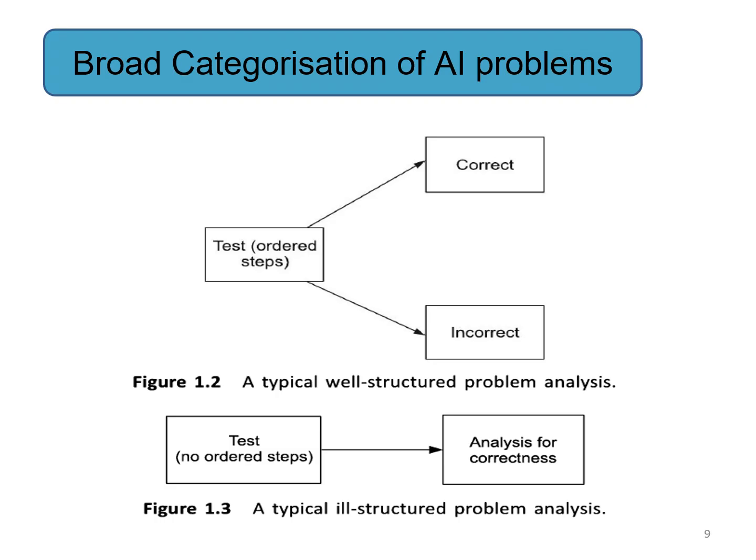An ill-structured problem has no ordered steps, and the analysis is for correctness. There is no fixed sequence of steps, multiple solutions may exist, the solutions must be analyzed and evaluated, and there is often no single correct answer. How to work: explore different approaches, generate possible solutions, analyze each solution, and judge whether it is appropriate or effective.